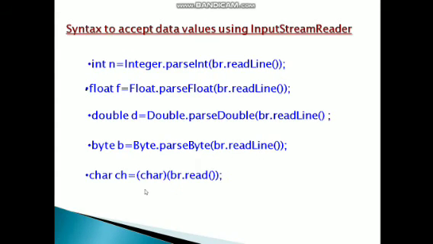And if it is character, char ch is equal to, inside the bracket char, br.read function. The readLine function will not come for character, please notice that. And inside the bracket char, then again inside another bracket br.read function. This is the syntax for receiving characters.